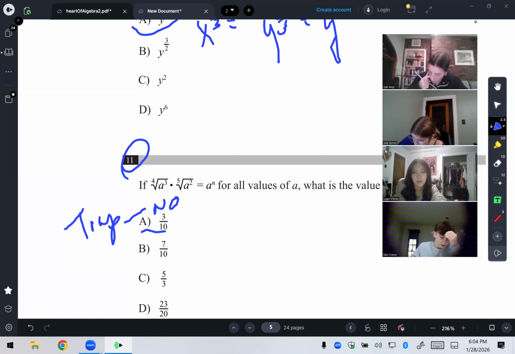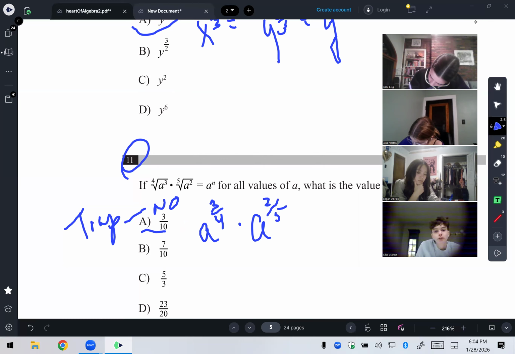Okay, let's try this one, which would be in the very hard section. So I'm going to do up and under. This will be A to the 3/4 times A to the 2/5. Now, a lot of kids would just multiply these and get 6/20 and reduce. Math police, they will pull you over for this.